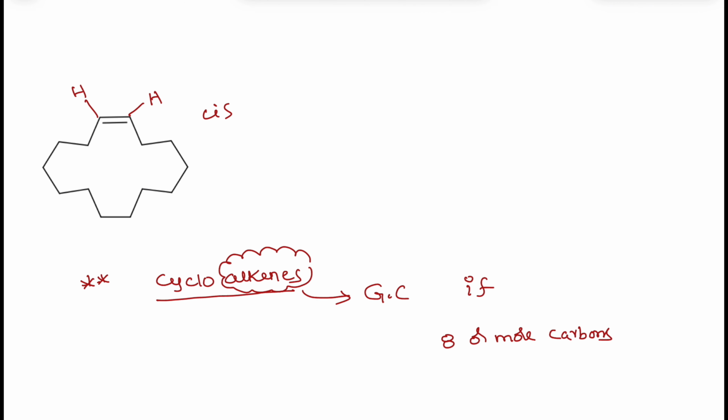Cyclononene, yes possible. Cyclodecene possible. But cyclohexene, only cis form. When it has only the cis form, we should not say it shows geometrical isomerism. If you want to say the molecule shows geometrical isomerism, you should be able to write a cis form and a trans form, otherwise an E form and a Z form. So this is about geometrical isomerism in cycloalkenes. Thank you very much.